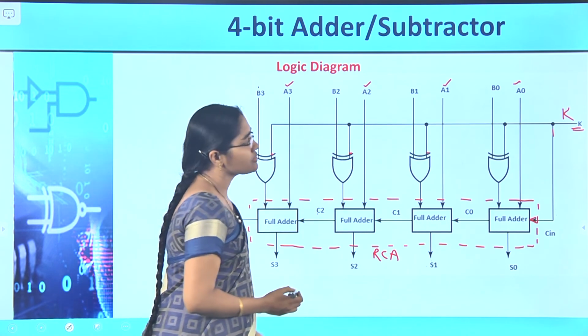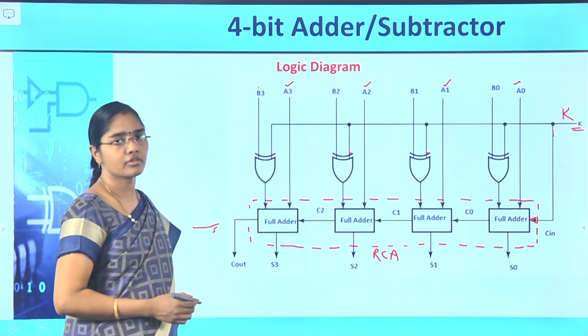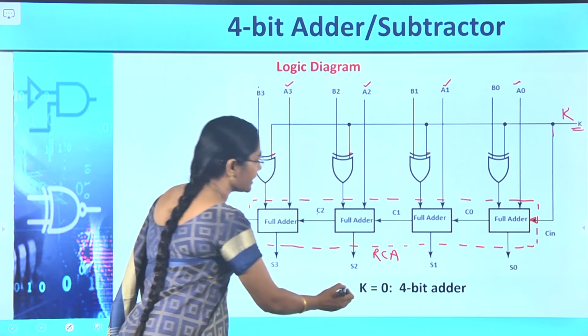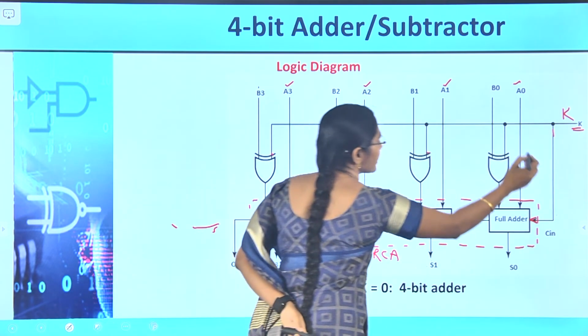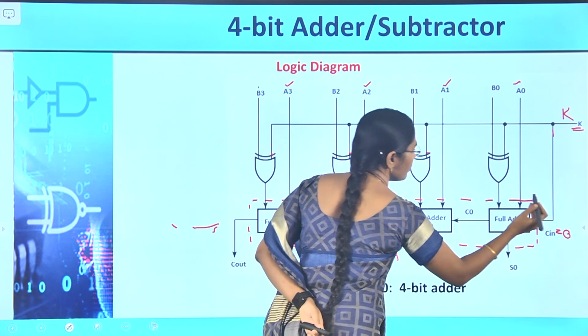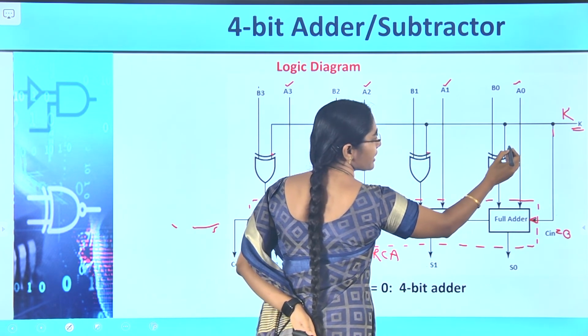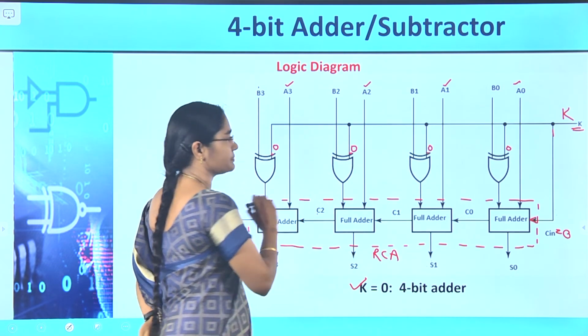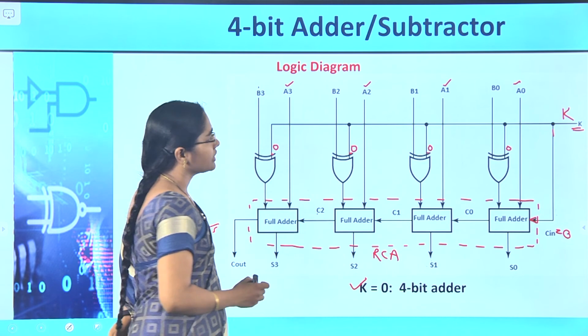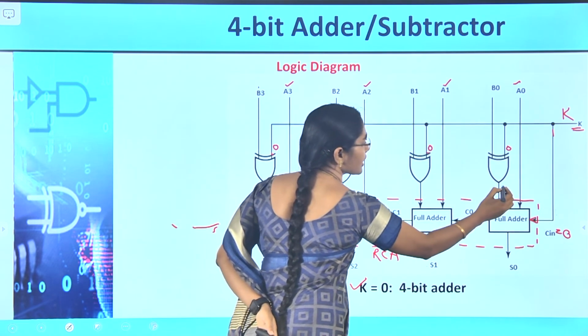When K is equal to 0, what operation? Addition operation. When K is equal to 0, Cin is applied as 0, and the XOR gate inputs are 0 as well. Then what is the output of the XOR gate?